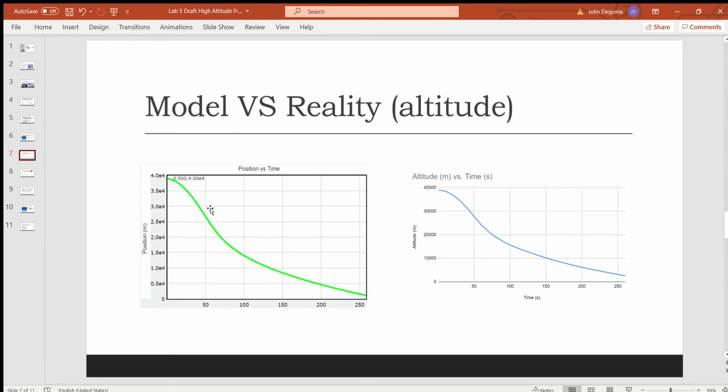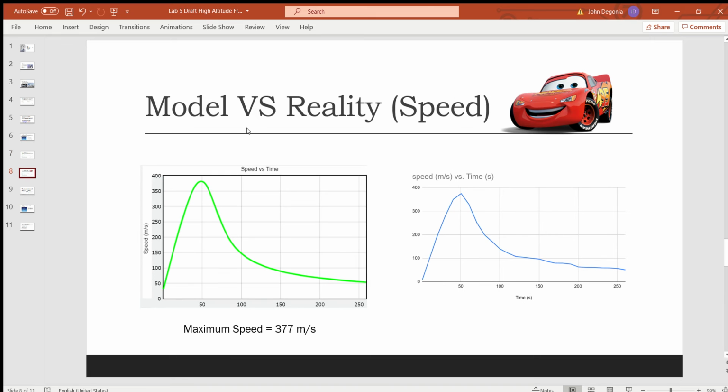On the left here, we've got the computer model of position as they descend. And on the right here, we've got the actual data from the fall itself. They line up quite nicely. But what we're really interested in here is speed. As you can see, the speed peaks at a very high altitude when they've been falling for less than 50 seconds, and then starts to decrease as they go lower and lower.